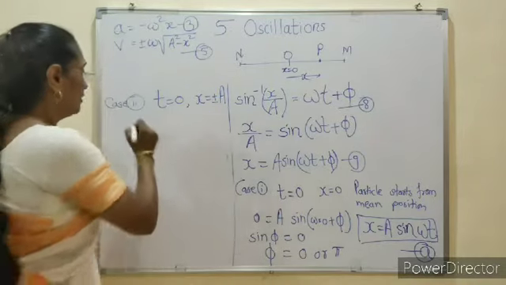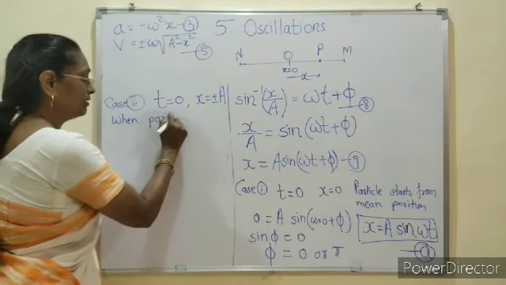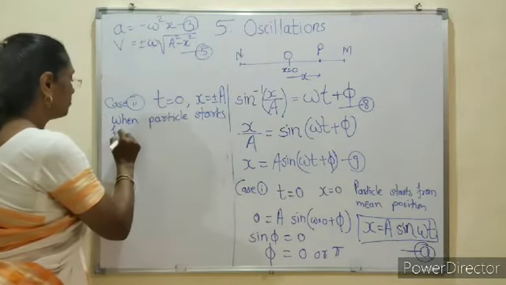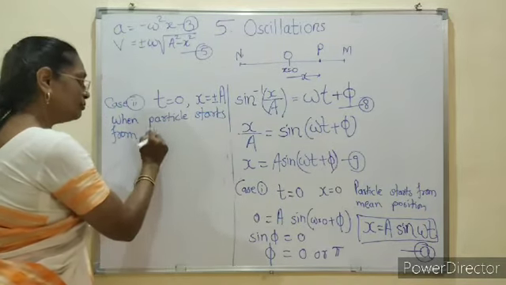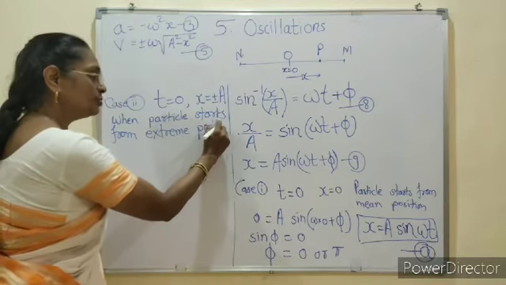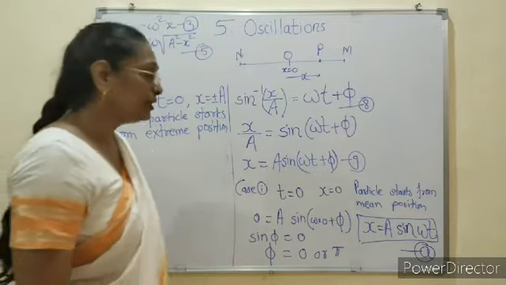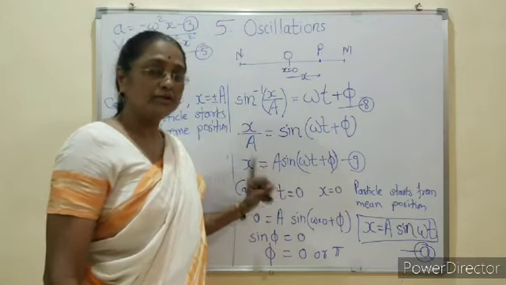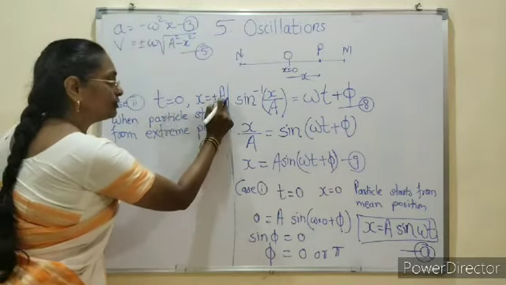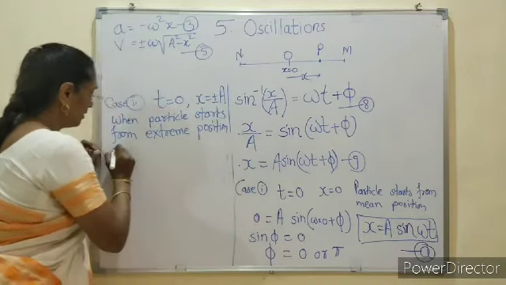The description: when the particle starts from extreme position, that extreme position may be right extreme position or left extreme position, then what will be the modified equation that we have to obtain? At t is equal to 0, x is equal to plus or minus a. So we can substitute in equation number 9.